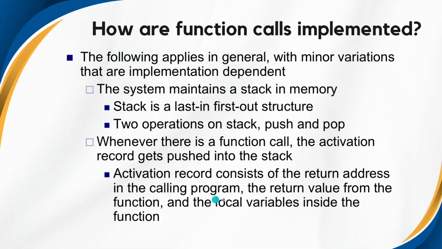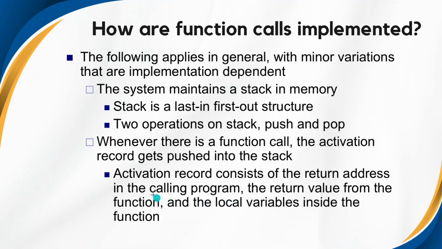So, the activation record is very important for implementing function calls, and in order to handle all those activation records, we usually use a stack. Whenever we call a function, we push the activation record onto the stack, and whenever we return from a function, we pop the corresponding activation record and resume execution with the main function.